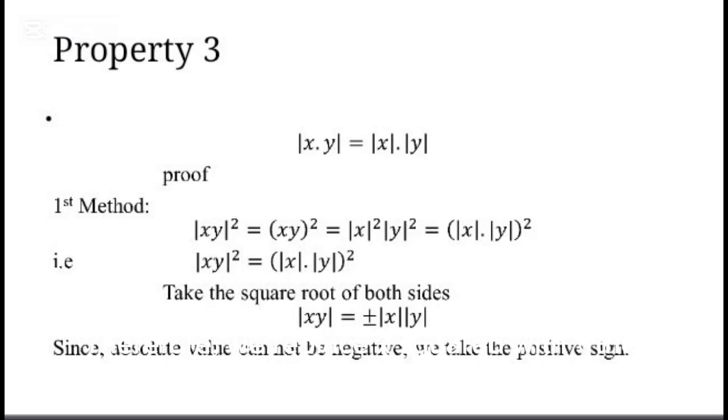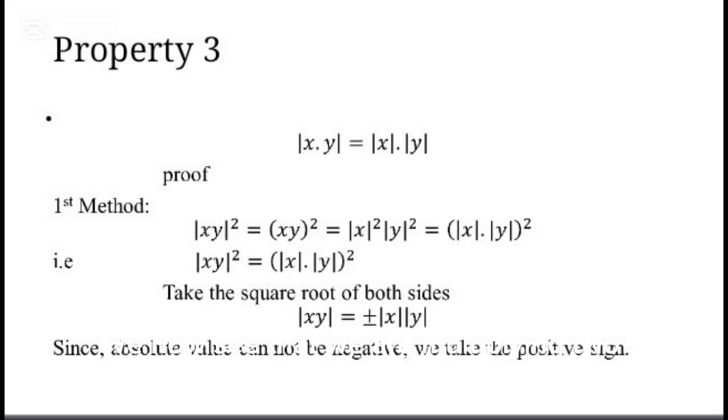Therefore, we replace x squared with the square of the absolute value of x, and y squared with the square of the absolute value of y. So the equation becomes the square of the absolute value of x times y is equal to the square of the absolute value of x multiplied by the square of the absolute value of y.